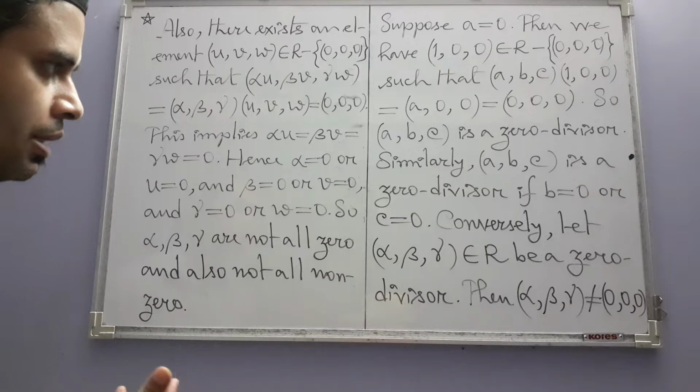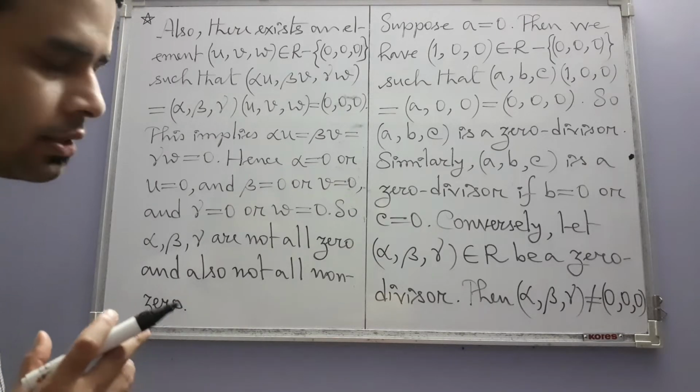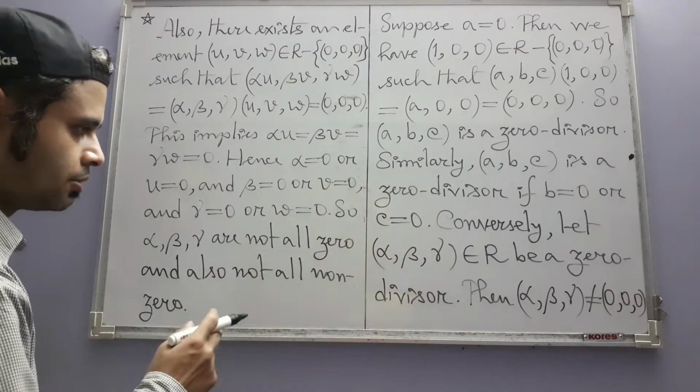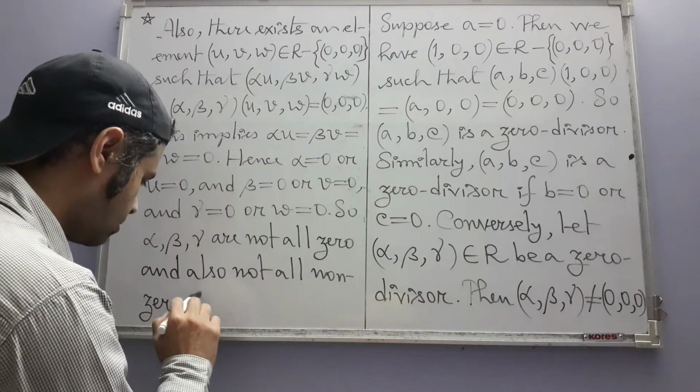So now we know precisely what the set of zero divisors in our ring is. It consists of such triples where we have both 0 as well as non-zero components.